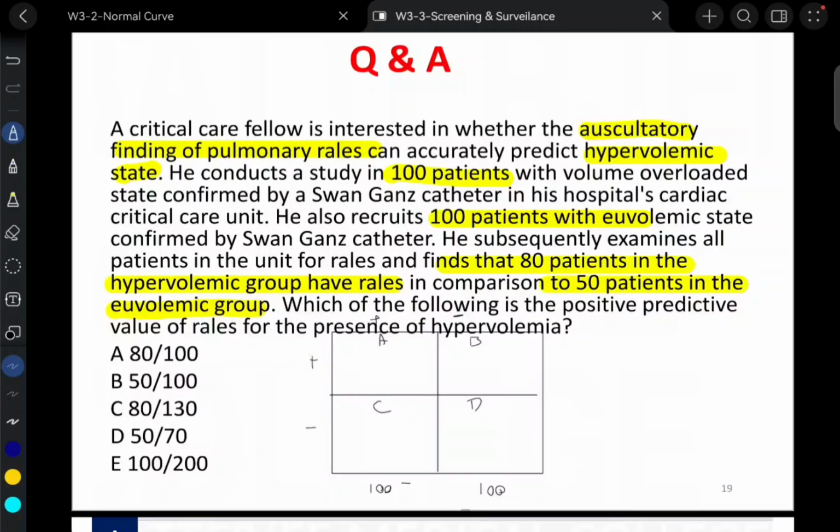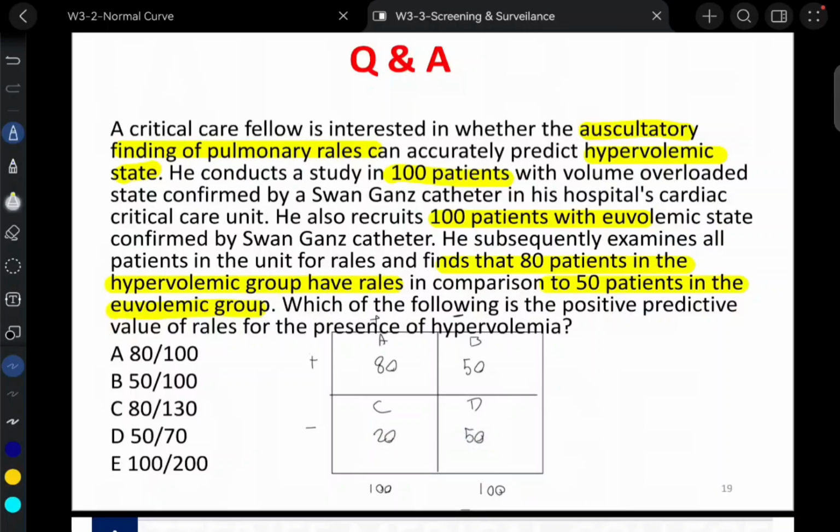Out of the 100, they said that 80 patients in the hypervolemic. Okay, so 80 here. And in comparison to 50 patients in the evolemic, I think it was also here. So false positive. So if you want to fill it up, it's going to be 100 minus 80, which is 20, and 100 minus 50, which is 50.